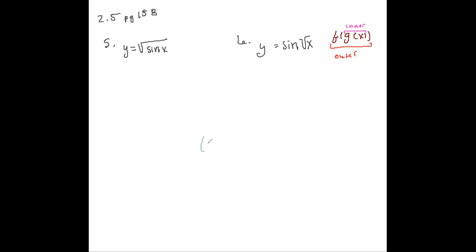If I had something that looked like x plus 3 times x squared minus 4, I could distribute, but I know what my two pieces are for the product rule. So for number 5, I have root of sine x. My inner function is actually going to be that sine x. Okay?